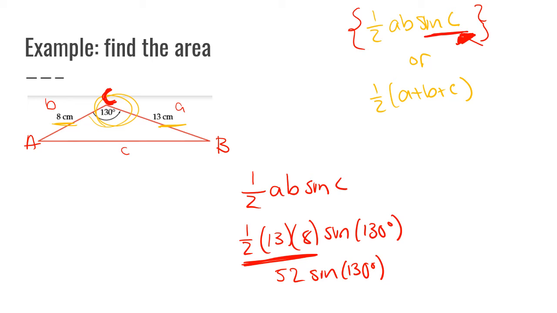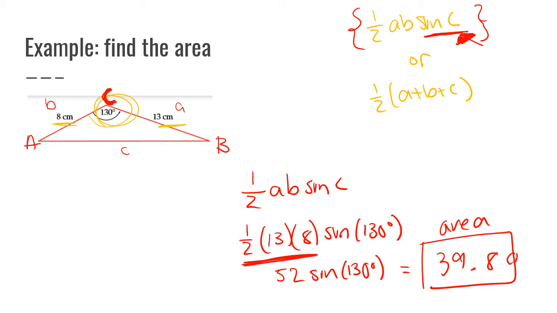If you're not in degree mode, you're going to get an incorrect answer. So I end up getting 39.8 as my answer, and that is the area. So it's 39.8 centimeters squared, and it's centimeters because each one of these says centimeters.